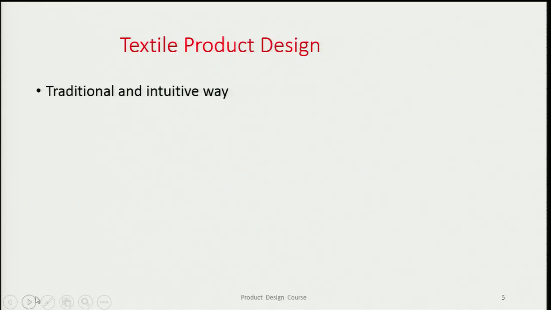So, textile product design, as of now or earlier, was being done in a very traditional and intuitive way. It is not that textile products have existed for the last 100 years; they have existed for thousands of years.